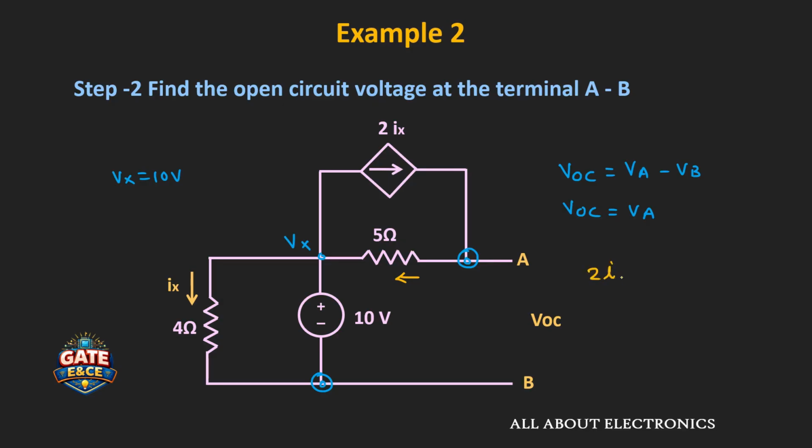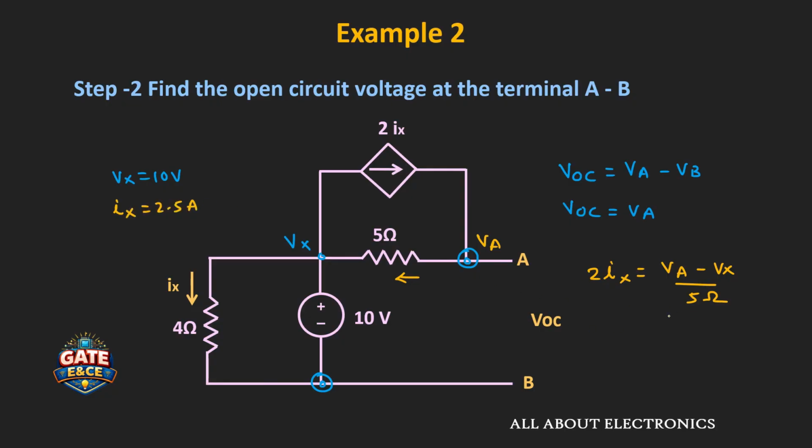That means 2Ix is equal to (VA minus Vx) divided by 5 ohm, where VA is the voltage at this node. So here the value of Vx is equal to 10 volt, while we have already found the value of Ix as 2.5 ampere, right?